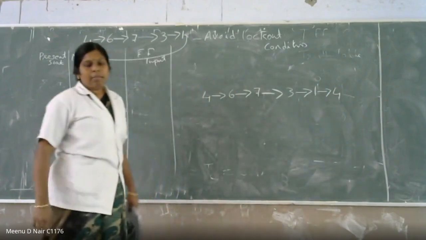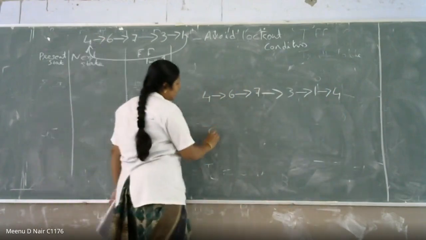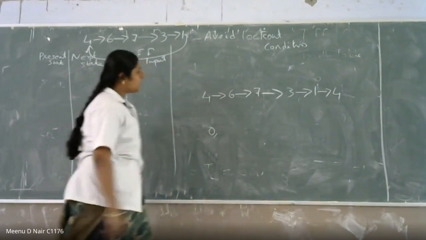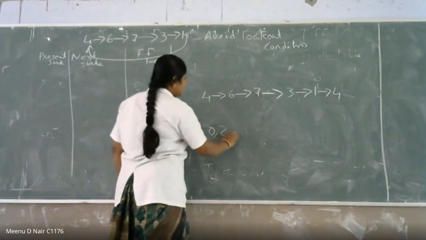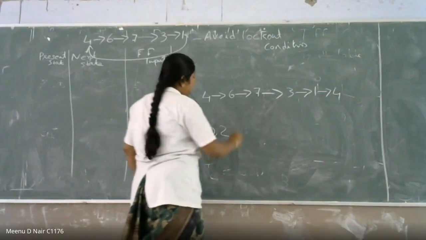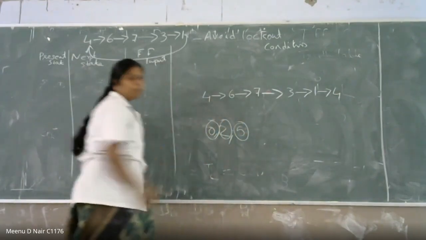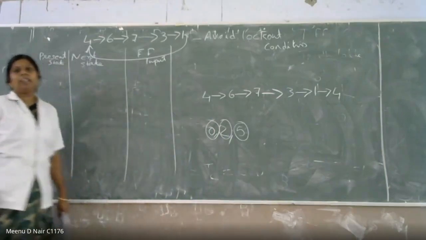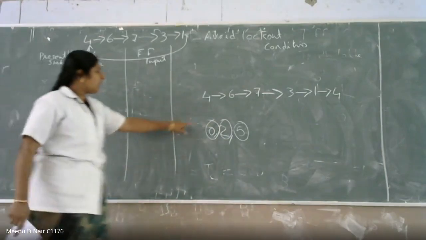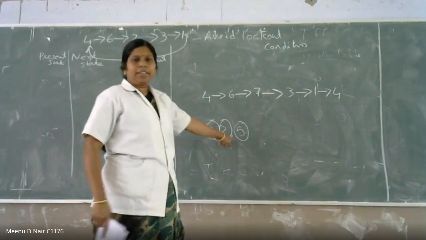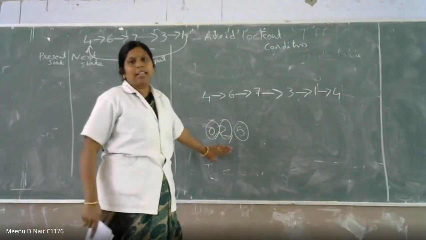What are the missing states? 0 is missing, 2 is missing, and 5 is missing. All these three states are missing in this condition.